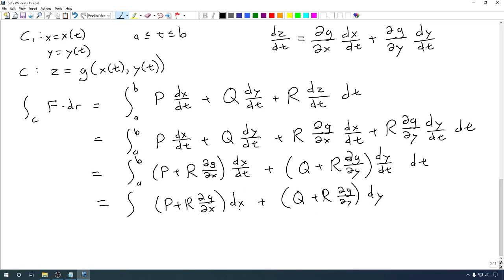Because that's what we do when we take this kind of line integral over C1. We have the derivative of x with respect to t, the derivative of y with respect to t, and we put a dt at the end. That's how we set up the line integral over C1.